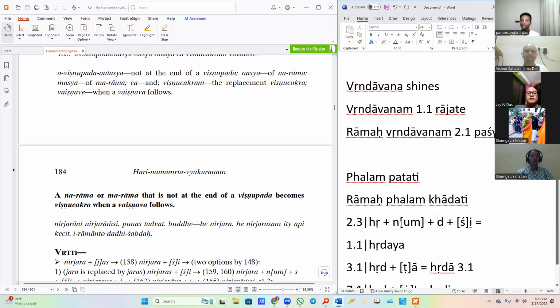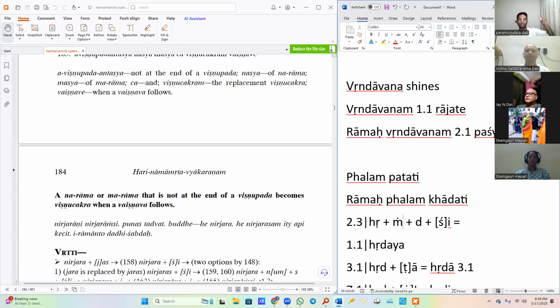Now look here, we remove the Ma indicative letters. We have Na inside a word, right? A Vishnu Padanta. And Na is followed by Vaishnava. Thus, by this rule, Na becomes a Vishnu Chakra.